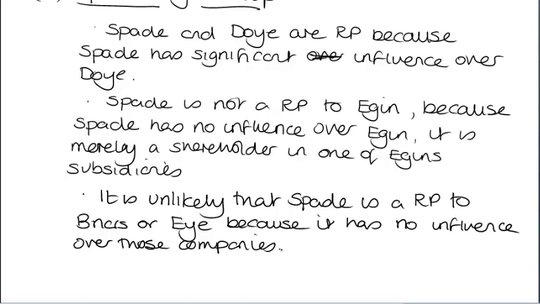Briars is a fellow subsidiary of Doi and I is an associate of Doi's parent company. So there's no direct relationship between Spade and I itself.